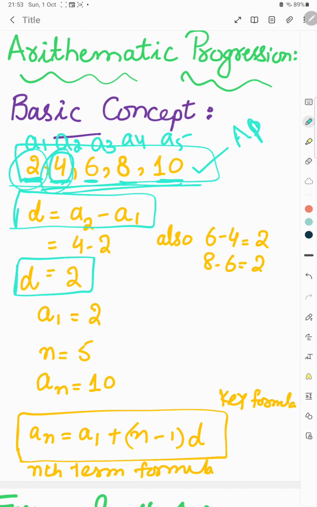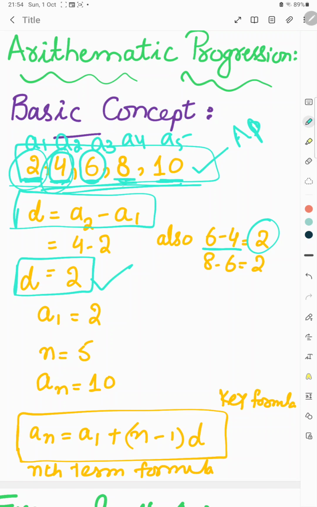Okay. Now similarly you can go further and subtract the previous term from the next term. Now what is the next term here? Here the next term is 6 and the previous term is 4. So when you subtract 4 from 6, what do you get? 2, which is the same value as D is equal to 2. Similarly the next term is 8.